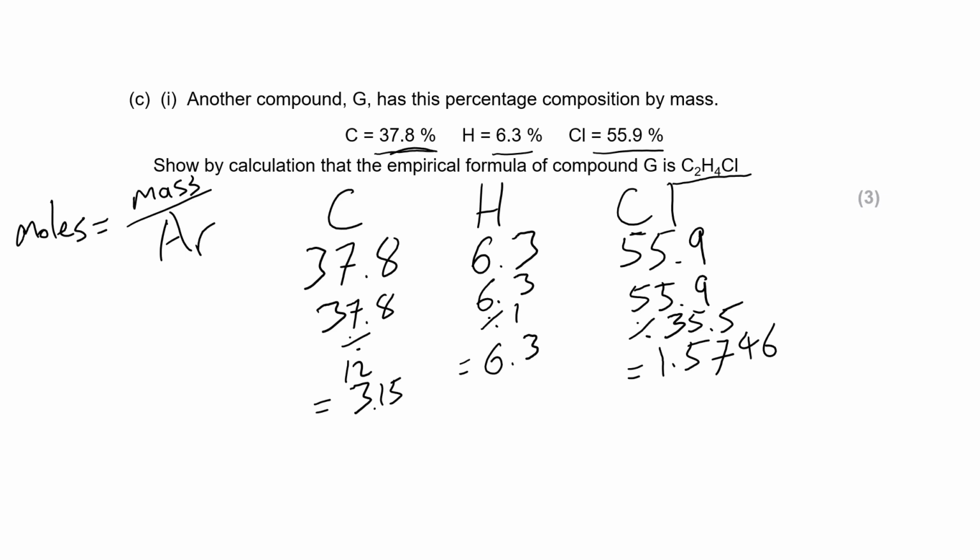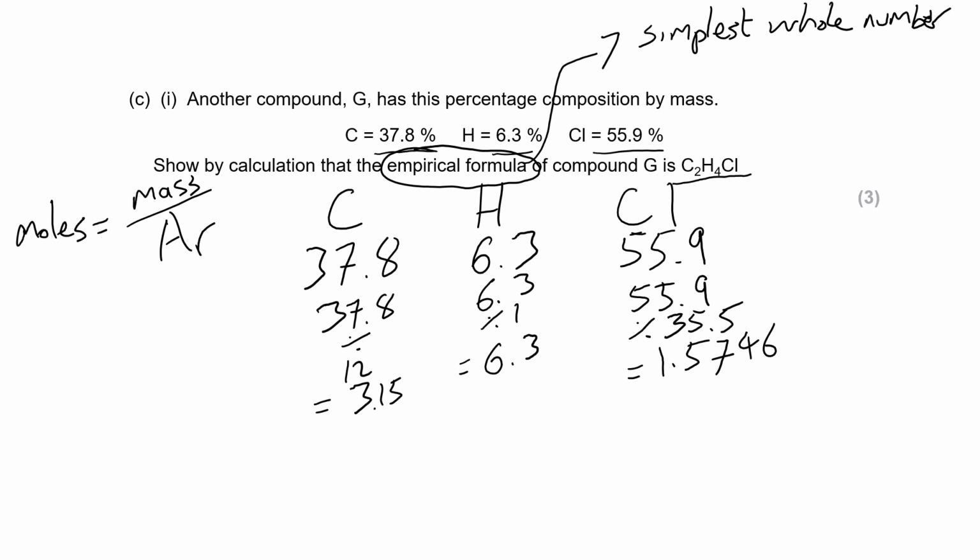Right, if you think back to the definition for empirical formula, it is the simplest, and this is important, whole number ratio of the different elements in a compound. So it's the simplest whole number ratio of the different atoms of different elements in a compound.